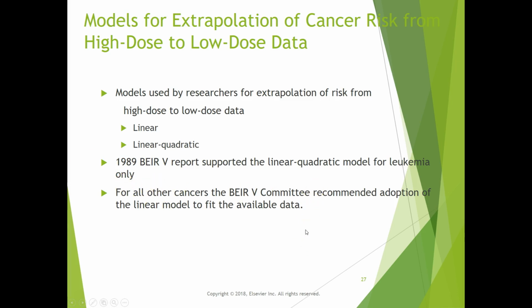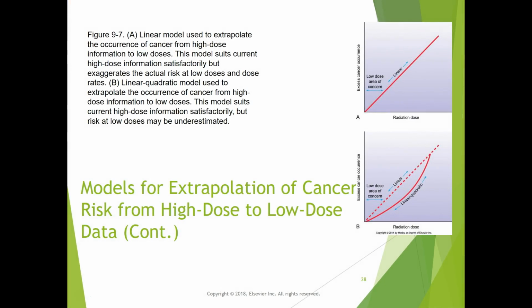We are going with leukemia and breast cancer as using the LQNT formula or dose-response curve, and that is on page 162 of your book, so that's what we're going to hold to. All other cancers would be LNT. And this is the LNT, and this is the LQNT. So breast cancer and leukemia, all others.